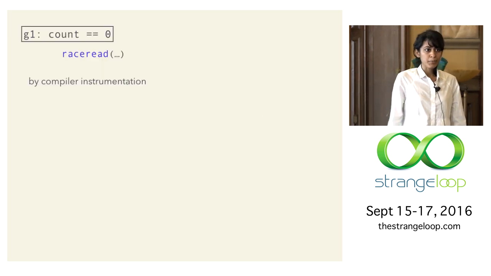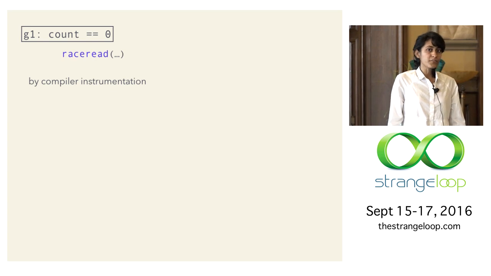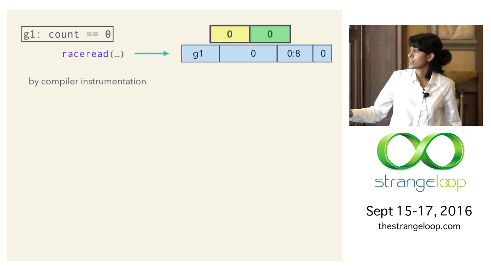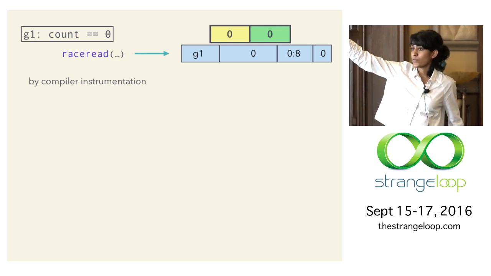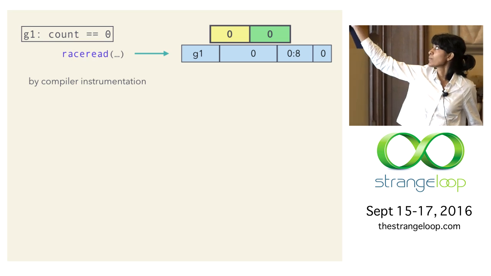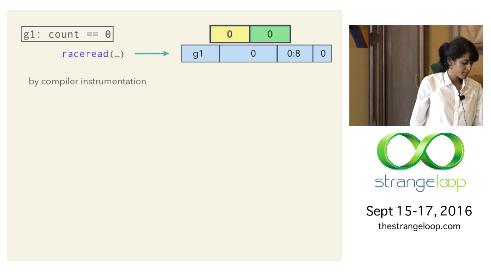So going back to our program, the read of count translates to the creation of this shadow word, right? We have the thread ID. We have its clock, which is 0. We have the region read, and we have a 0 because it was a read.